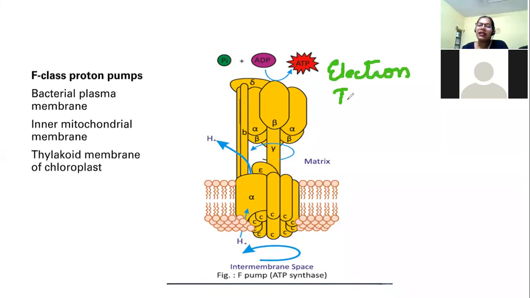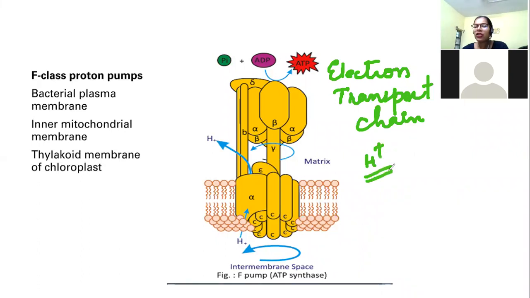Those who have started reading Lehninger, please look at the electron transport chain. Very beautifully it is given in Lehninger. When the electrons are transferred, during that the H+ proton electrochemical gradient is also created, which results in ATP synthesis.